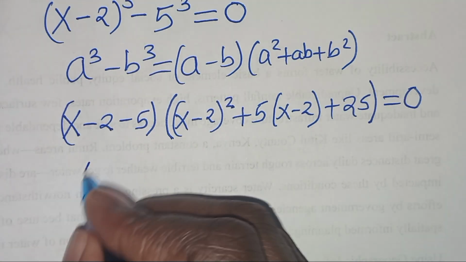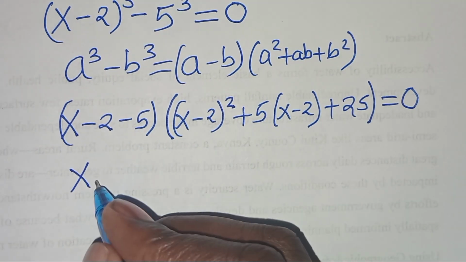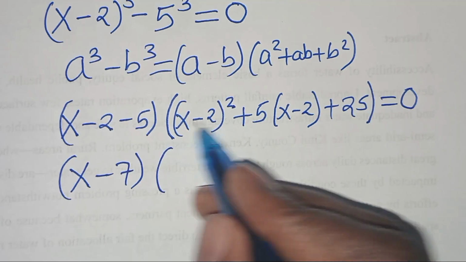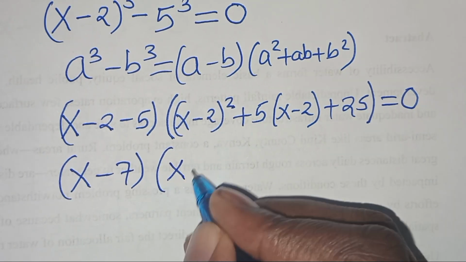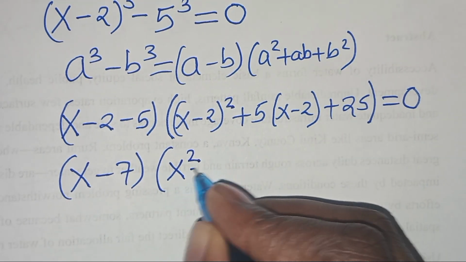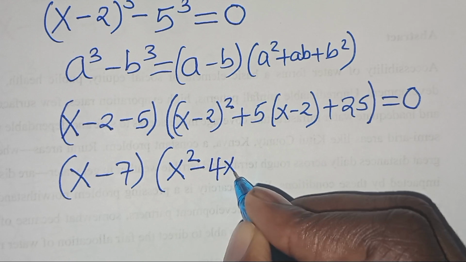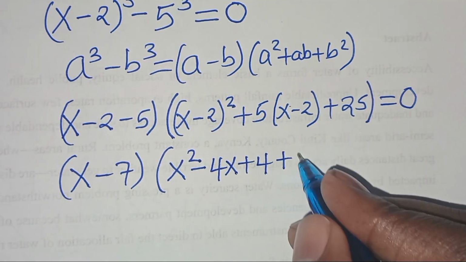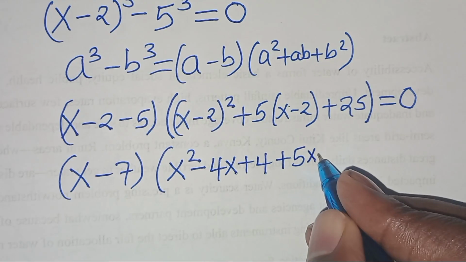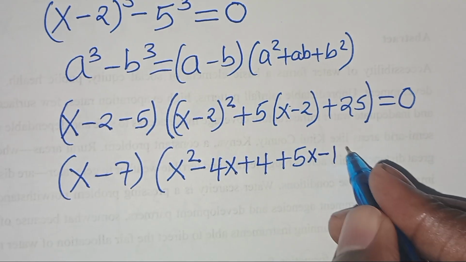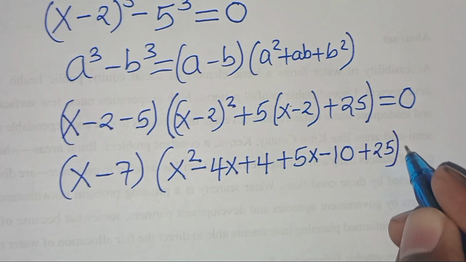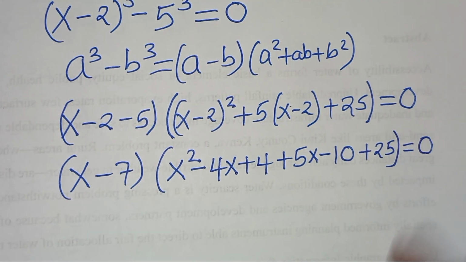Now here we have (x minus 2 minus 5), this is minus 7, close the bracket, and (x minus 2) to the power 2 is the same thing as x squared minus 4x plus 4, plus 5 times x, this is 5x, minus 5 times 2, this is 10, then plus 25, close the bracket here, this is equal to 0.